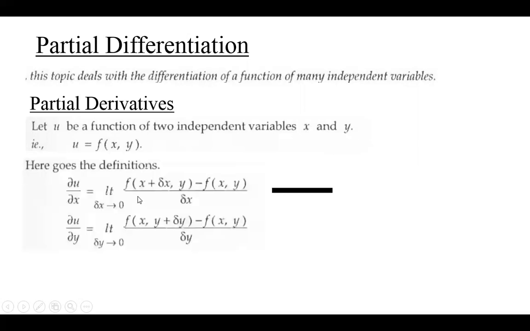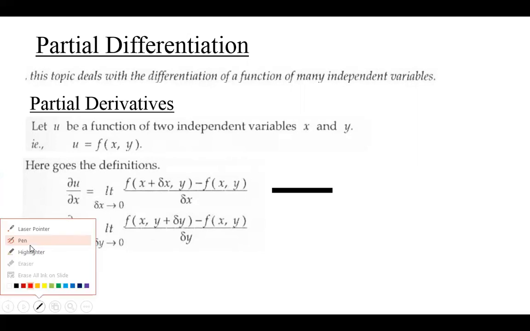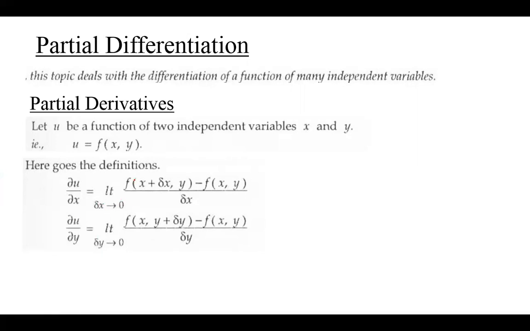The definition goes in this manner: dou u by dou x, the partial derivative of u with respect to x, is defined as limit delta x tends to 0, f of x plus delta x comma y minus f of x comma y divided by delta x. This is the partial derivative of u with respect to x.